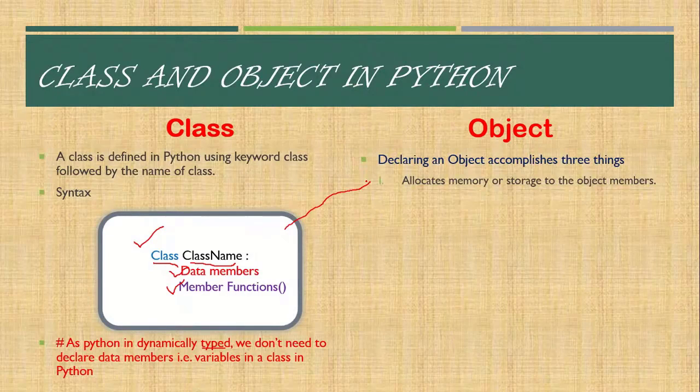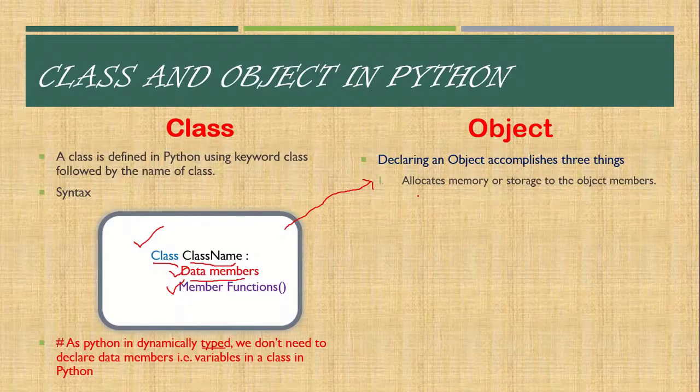The first thing is, when we instantiate an object, memory is allocated to the object. Whatever members an object has, that is the data members or variables, all of those will be provided some memory.